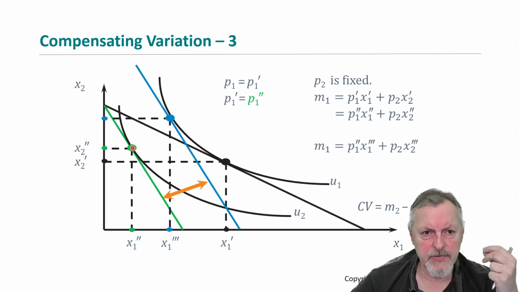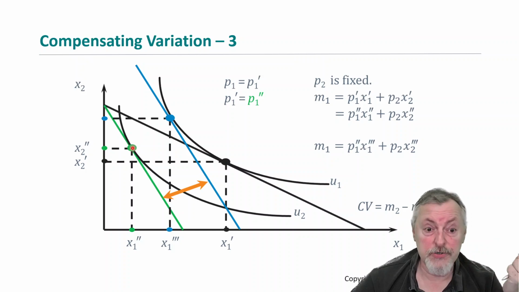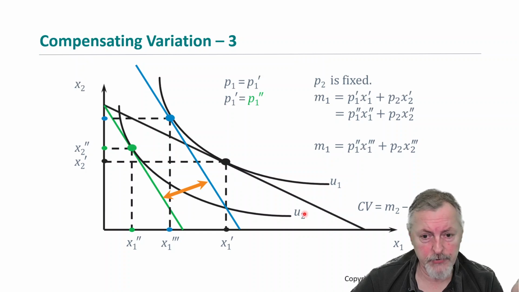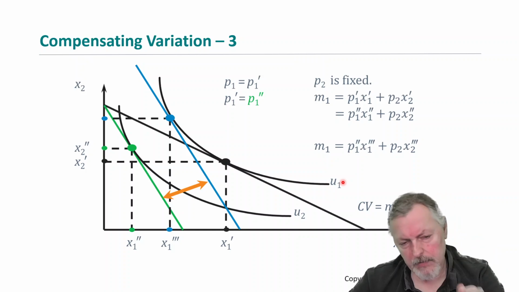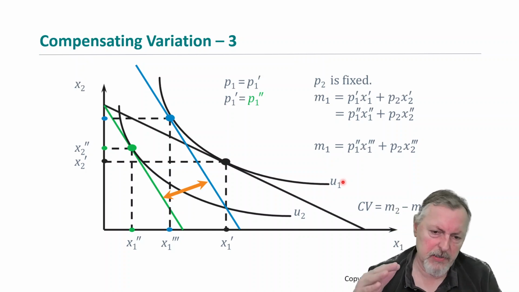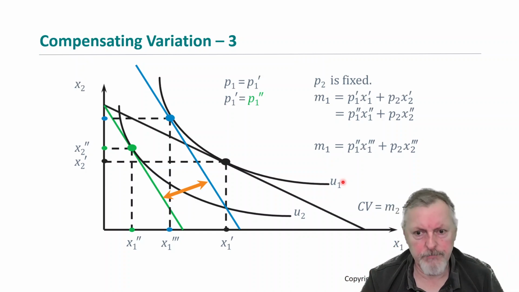You reoptimize to there. You're worse off. You're on a lower indifference curve. You're on U2 instead of U1. These are indifference curves, but they're labeled as U because all the points on each have the same utility.